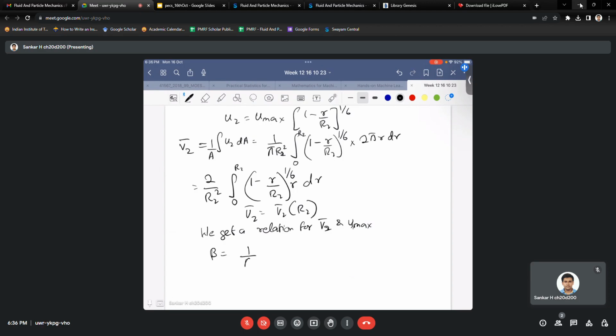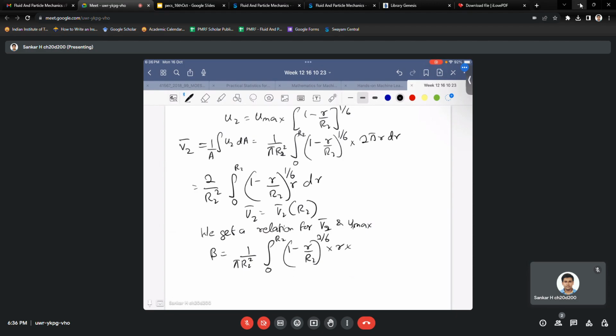It would be 1 by a integral of 0 to r2. I'll just write what a is. It'll be pi times r2 square, 0 to r2, 1 minus r by r2 power 2 by 6 times r.